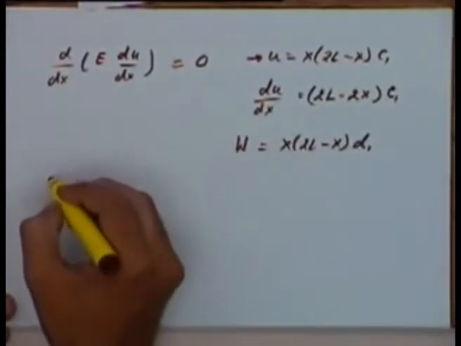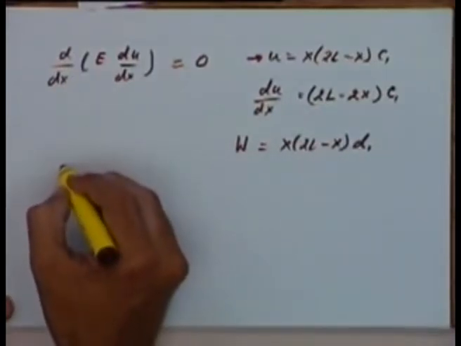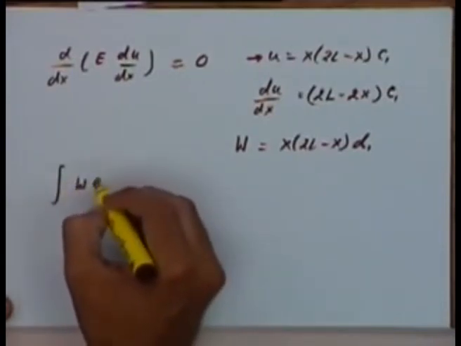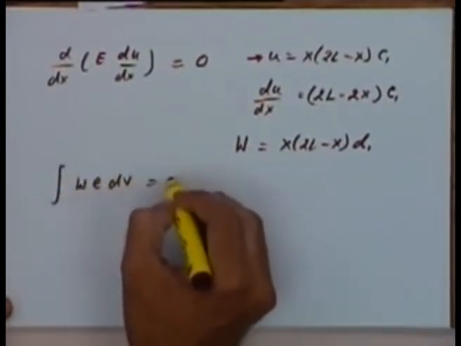Now we have to evaluate the integral, which is integral of W into the governing equation times dV, and put that equal to 0.